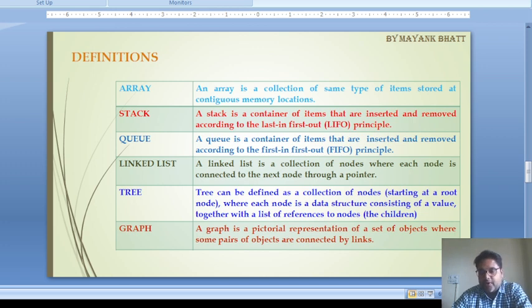So the first person who comes and stands at that position will be entertained first. The person at the second position will be entertained second. So this is the first in first out concept.